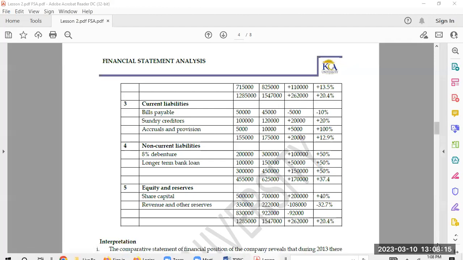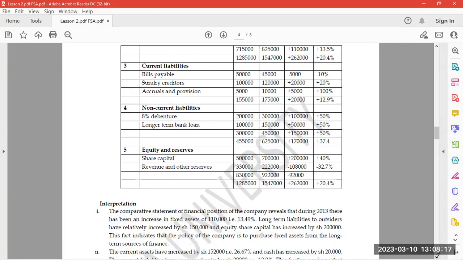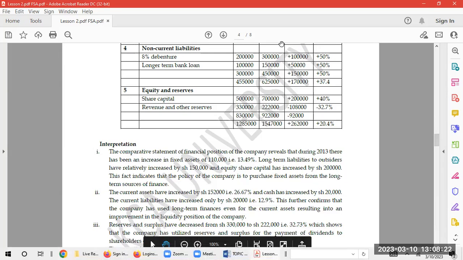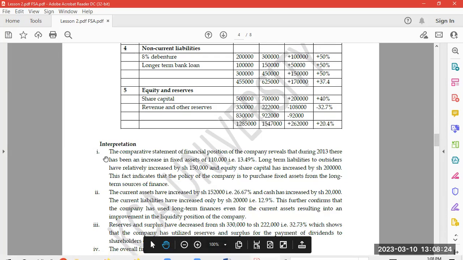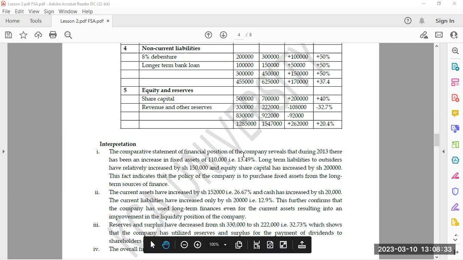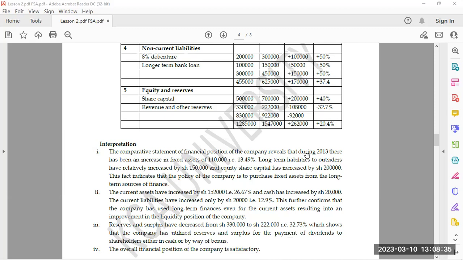So what is the interpretation of this? The interpretation based on this is as follows. Number one, the comparative statement of financial position of the company reveals that during 2013, there has been an increase in fixed assets of 110,000, i.e. 13.49%.